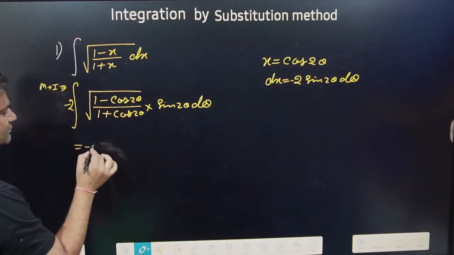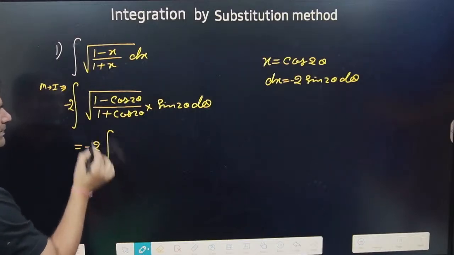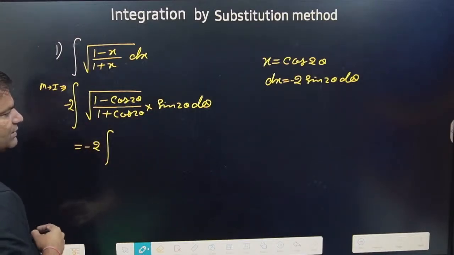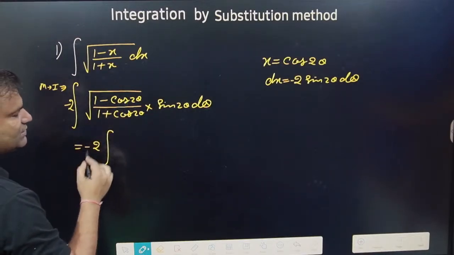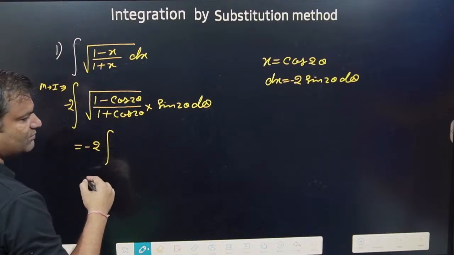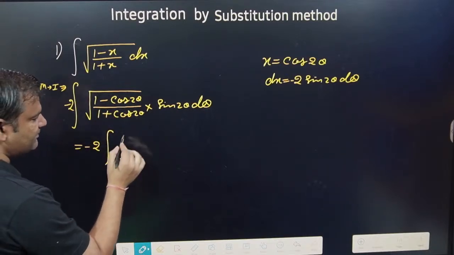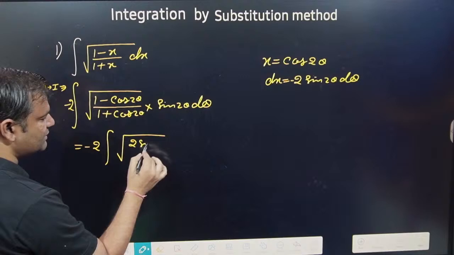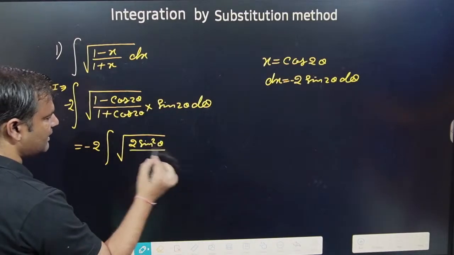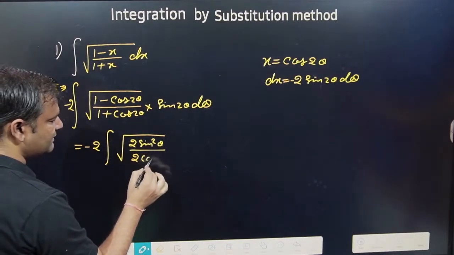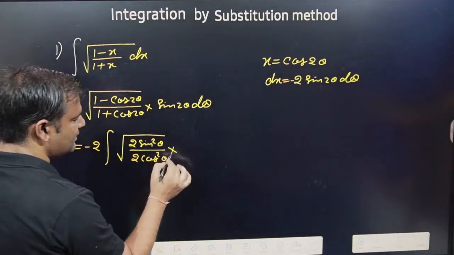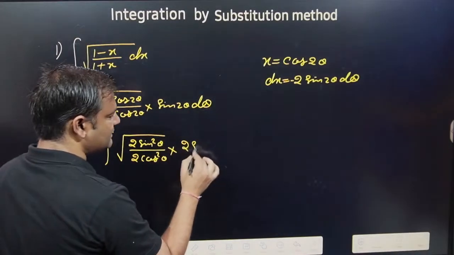After that, here minus 2, what about that value? Simply, 1 minus cos 2 theta is equal to 2 sin square theta, so that is 2 sin square theta, and this one is 2 cos square theta, and that one is 2 sin theta into cos theta d theta.